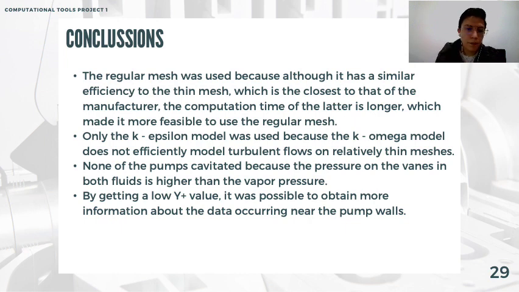Also, none of the pumps cavitated because the pressure on the vanes in both fluids is higher than the vapor pressure. Finally, by getting a low Y plus value, it was possible to obtain more information about the data occurring near the pump walls.